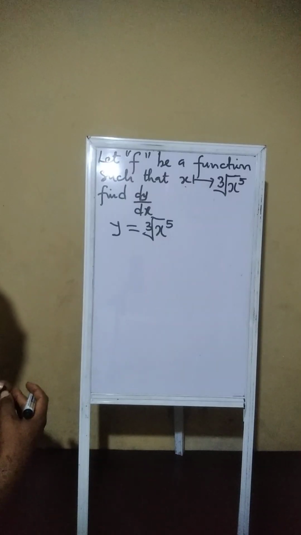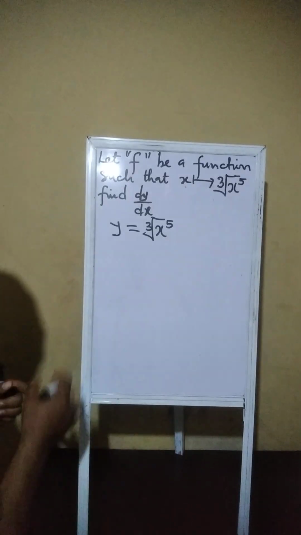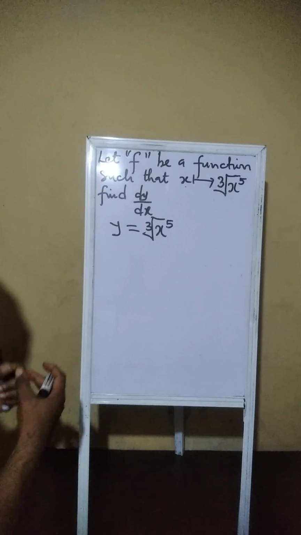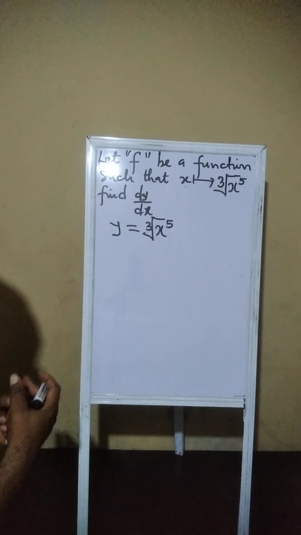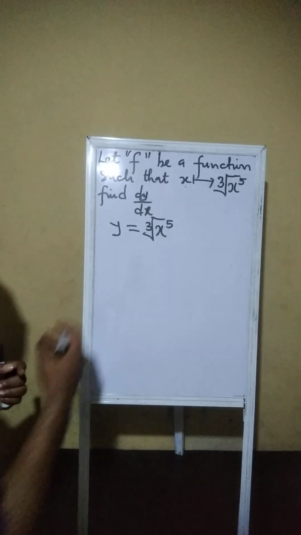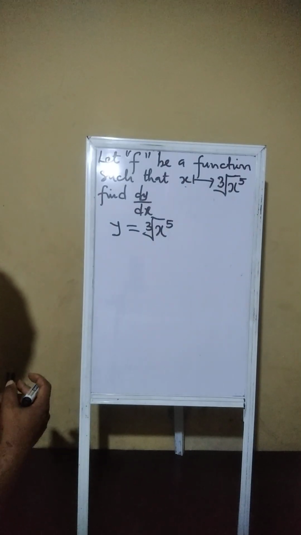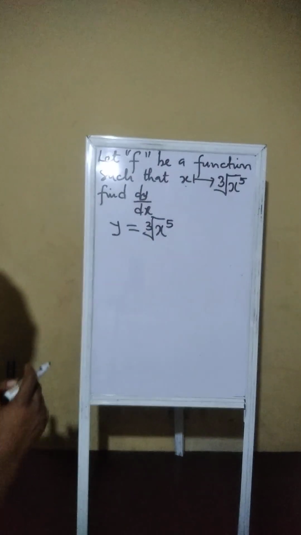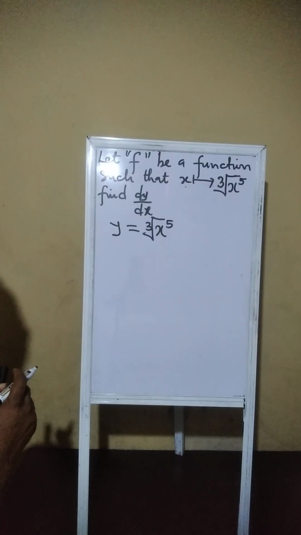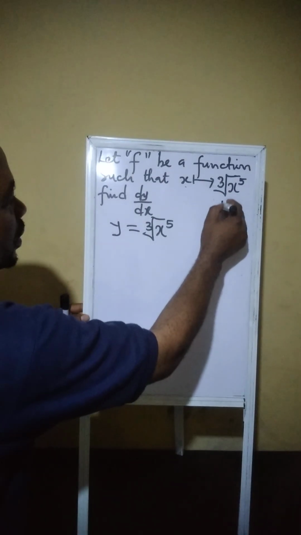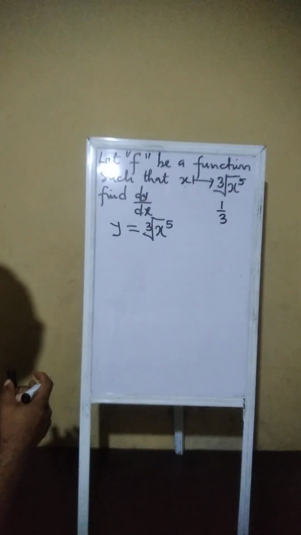Now what do we do? I cannot differentiate this root unless I apply the law of indices, by making it a fractional power. Anytime you encounter the cube root, it simply means that the power is 1 over 3.